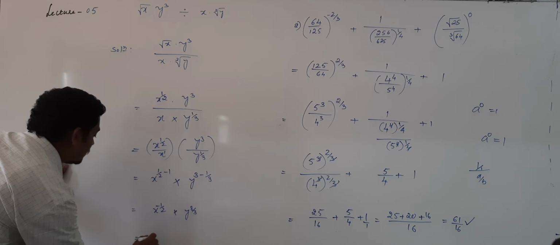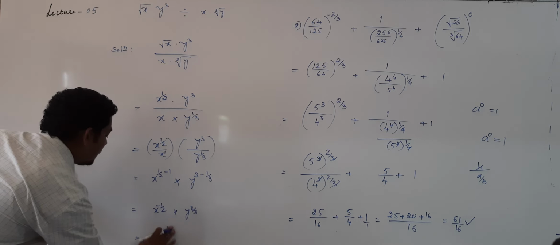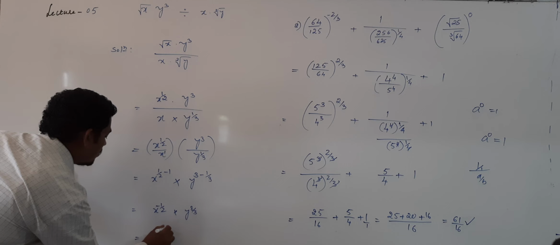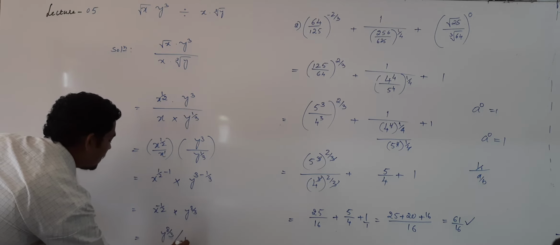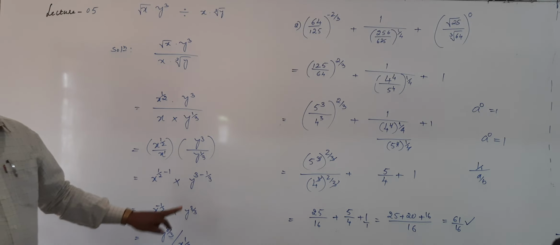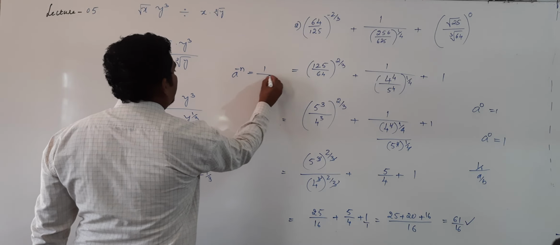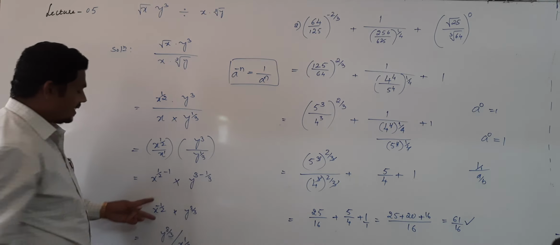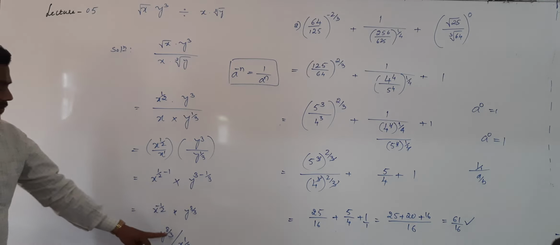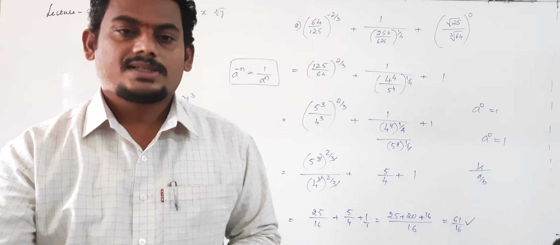Or else y power 8 by 3 divided by x power plus 1 by 2, because a power minus n is nothing but 1 divided by a power plus n. By using this property, x power minus 1 by 2 can be written as 1 divided by x power plus 1 by 2. Thank you.